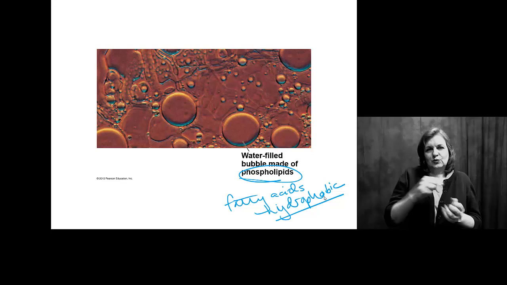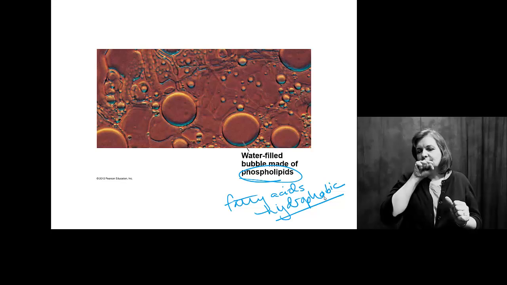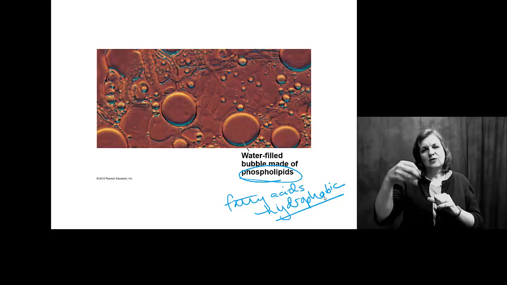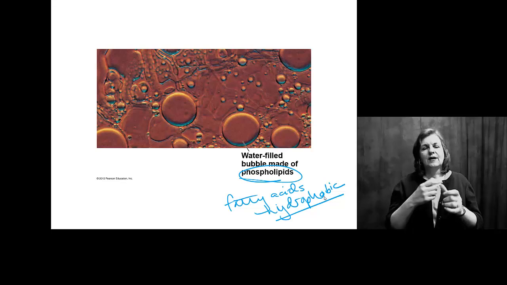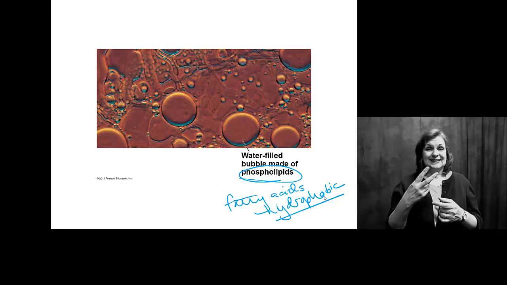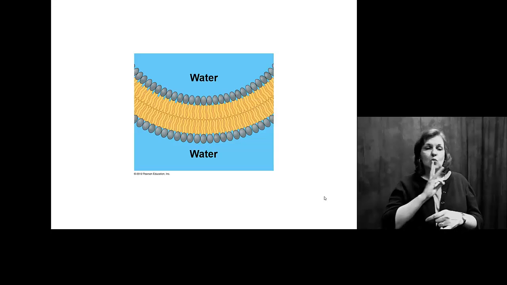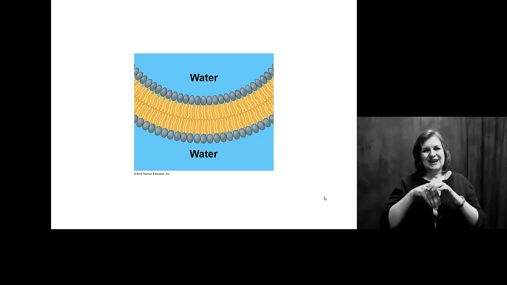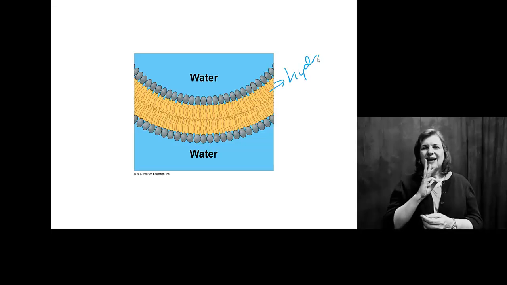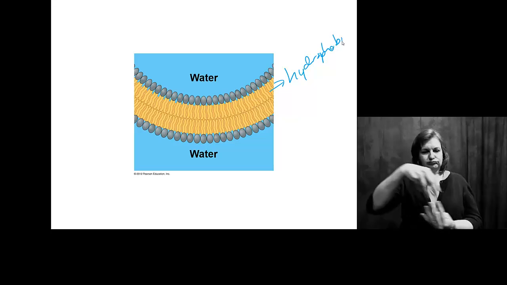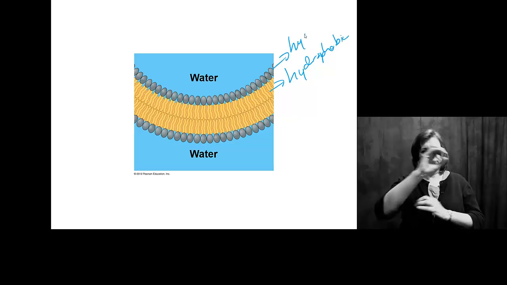The hydrophilic heads go to the outside and to the inside of the cell itself, or in this case, water droplet. And we get this membrane that essentially spontaneously forms in an aqueous environment. So this water kind of thing going on with a membrane in the middle with our hydrophobic tails and our hydrophilic heads.